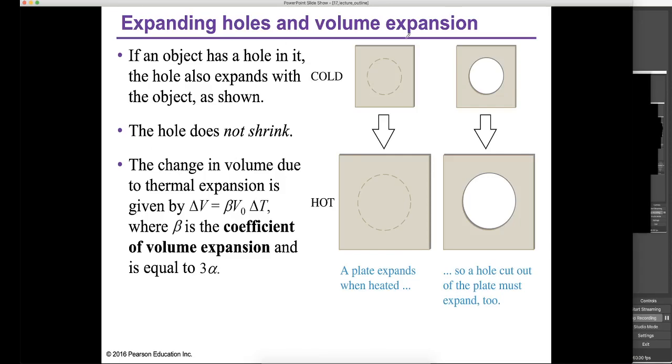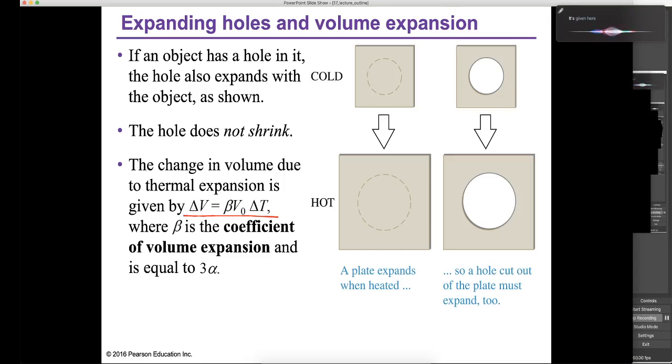So let's see the volume expansion. We have learned that the length of an object expands when temperature is getting higher, and the volume of the object is also getting bigger when the temperature is getting higher. And the equation is given here.